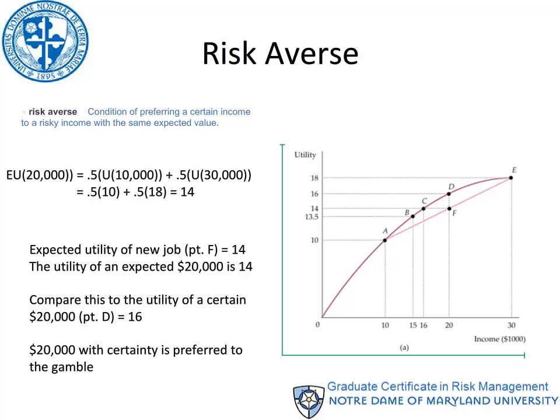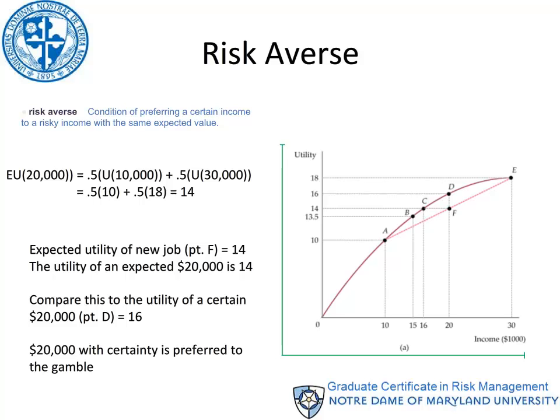This is shown by point F. You simply read across from point F to see the expected utility of the new job is 14. This person is risk averse because she would prefer a certain income of $20,000 with a utility of 16, shown at point D, to a gamble with a 0.5 probability of $10,000 and a 0.5 probability of $30,000 and an expected utility of 14.